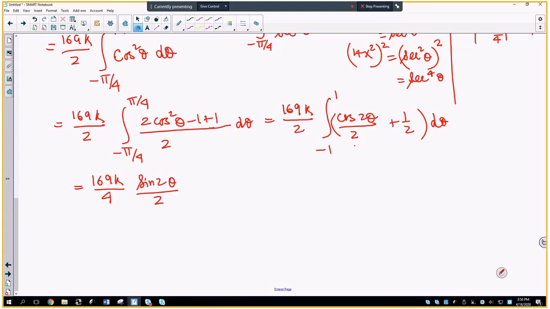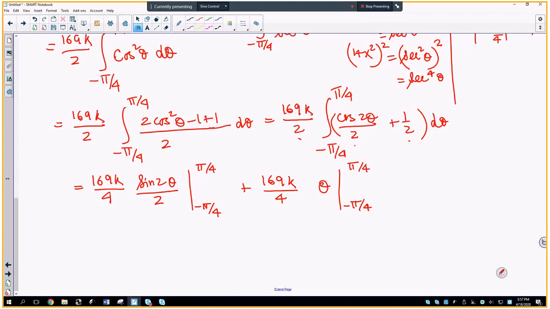And the limits are negative pi over 4 to pi over 4. And finally, we will do plus the same thing, 169k over 4. Again, you have this 2 here, that 2 there, multiplied, they are going to give you a 4. And this integration is easier. It's integration of 1, so you get just theta between negative pi over 4 and pi over 4.